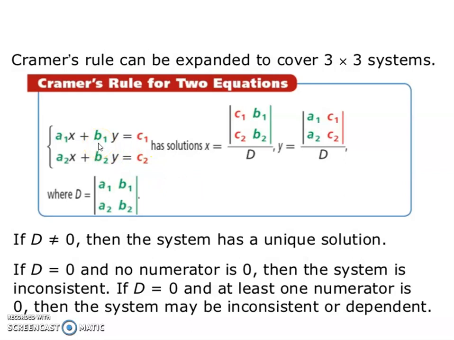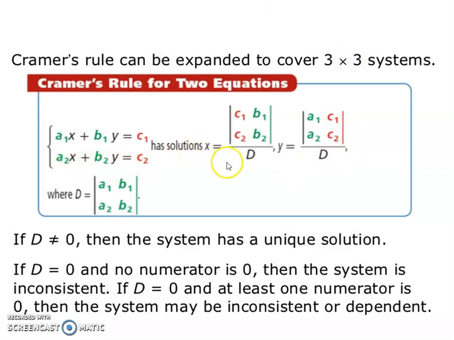For revision of Cramer's rule for two equations, I introduce it here once again. Cramer's rule can be expanded to cover 3 by 3 systems, but for two equations a1x plus b1y is equal to c1, a2x plus b2y is equal to c2.